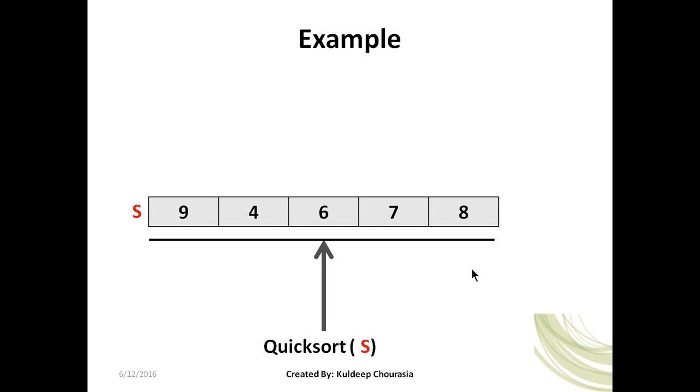So this is the example which we are going to discuss in this tutorial. We have some integers stored in an array. I call this S. S means set of elements. I will apply the algorithm Quicksort on this set S. Of course we are sorting the elements in ascending order.